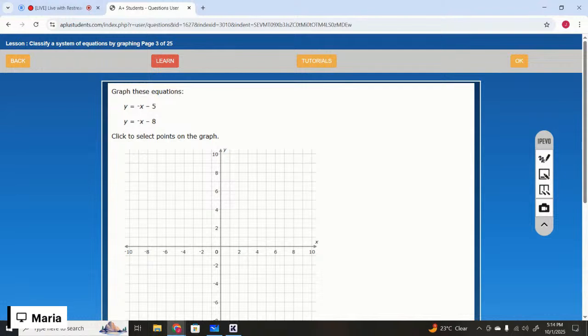Y equals negative x minus 5 and y is negative x minus 8. So let's just plot these equations and see.